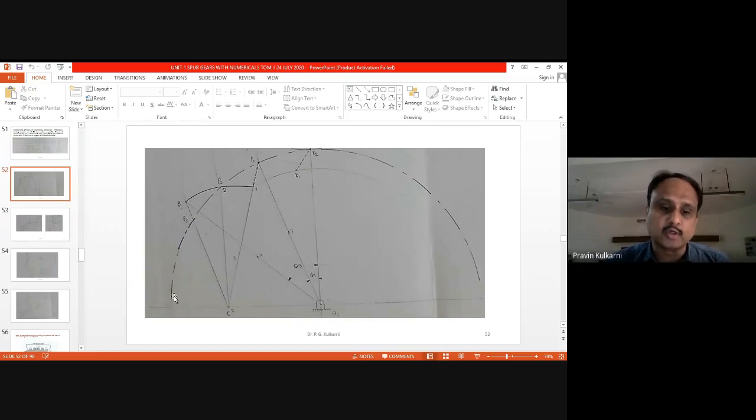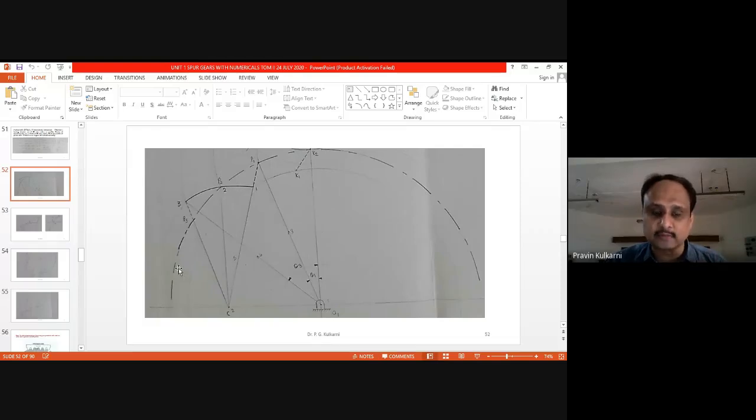So you have to draw a pitch circle. This is the pitch circle of the wheel whose radius is 100 millimeter. How is that obtained? 20 teeth multiplied by 10 module will be 200, divided by 2, because R is mT by 2. So that radius will be 100 millimeter.